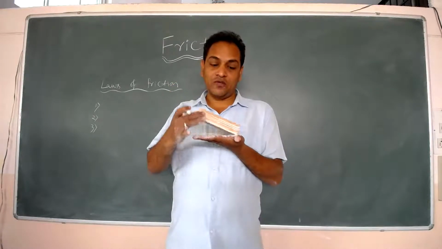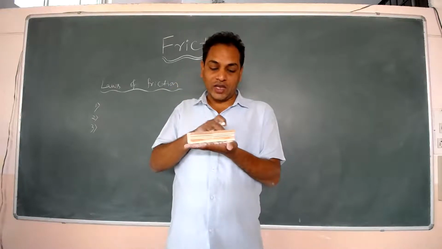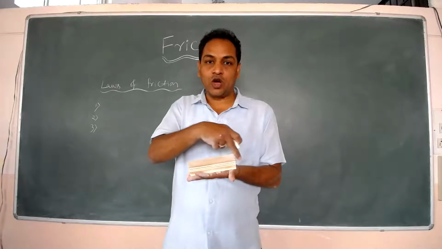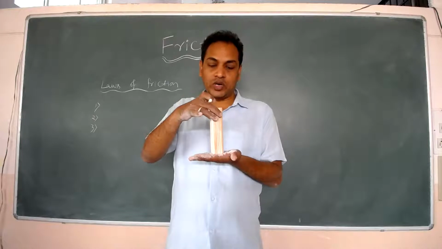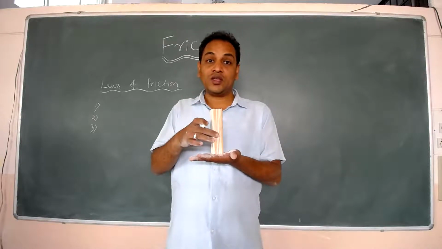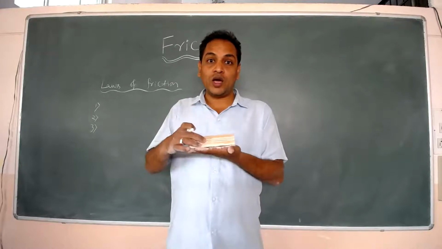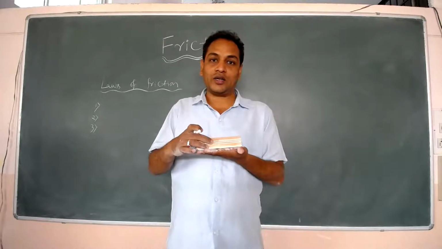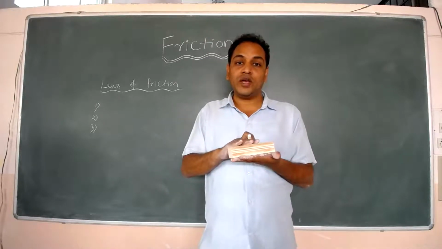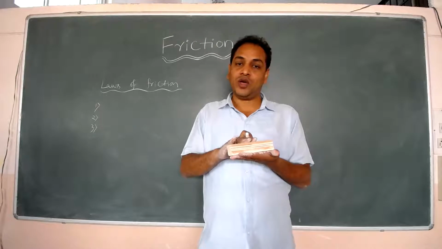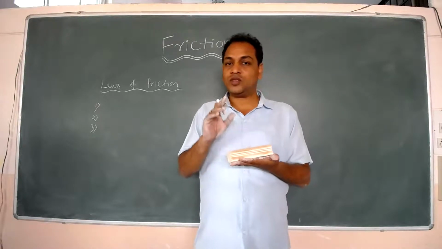And the same body, if I keep it like this, now it has occupied more area. But if I place it like this, now it has occupied less area. Don't think that less area means less frictional force, and more area means more frictional force. It's not like that. Frictional force depends upon its weight, that is the normal reaction. It is independent of its area of contact. So that is the third point.